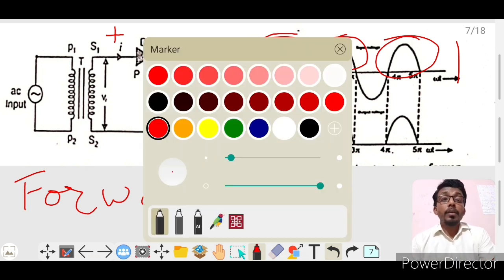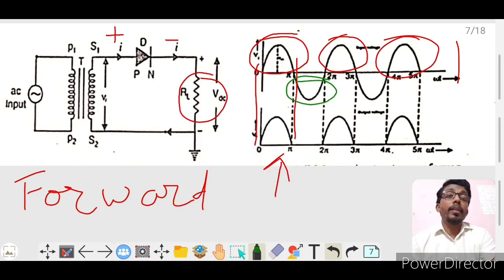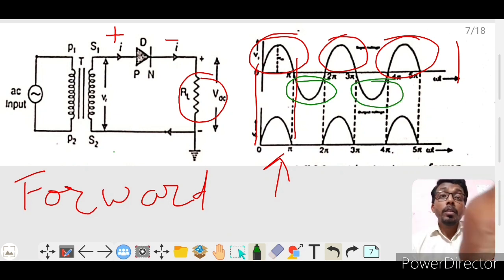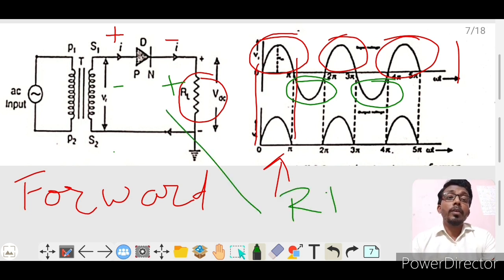Now consider the other situation, when we are applying the negative cycle to our diode. That means the negative terminal is applied to P and the positive terminal is applied to N. As we have seen previously, this configuration represents reverse bias. As this is a reverse bias configuration, naturally our diode will not conduct.